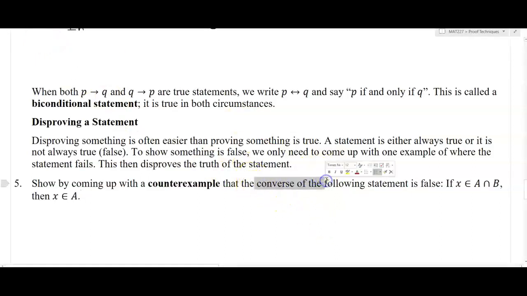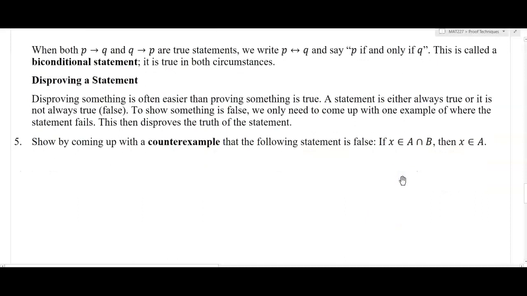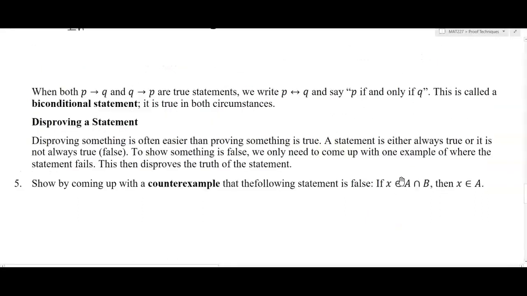So if x is an element of A intersect B, then x is an element of A. Okay, so that means, oh no, I'm sorry, we do want the converse of that. We'll practice the converse of the following statement. So if x is an element of the intersection of A and B, you can agree that x is an element of A, right? Because it's inside of A and simultaneously part of B as well.